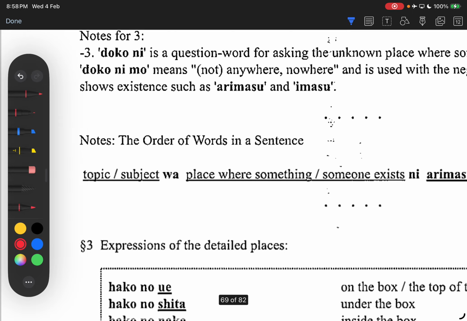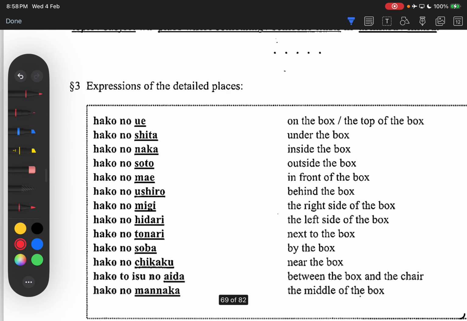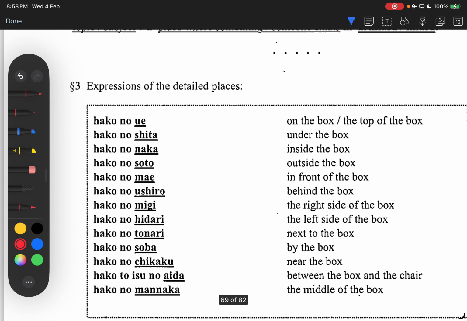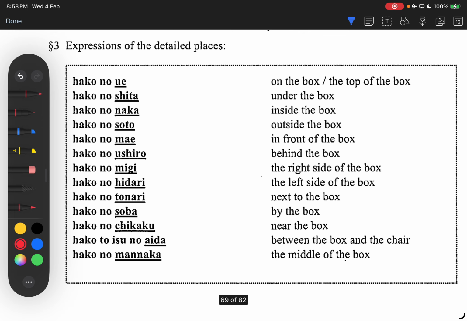Let's go on to the next one. Number 3, expression of detailed places. All these you have to memorize. They show the position of where items are. For example, there's no picture here, but basically we have a box. If the item is above the box, we say 箱の上にあります. 箱 is box.